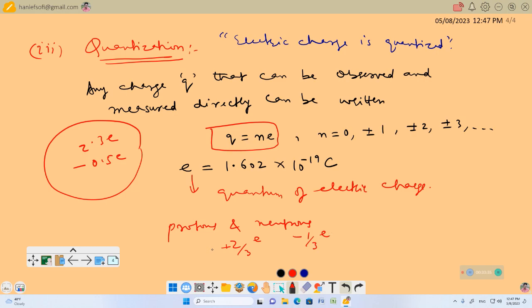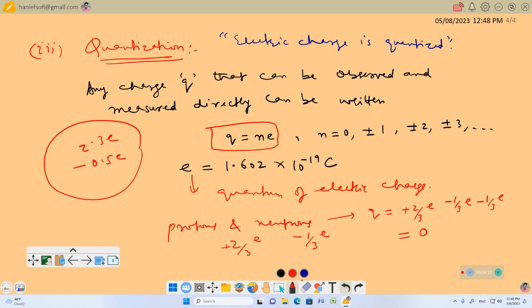So a proton is made up of three quarks, two up quarks and one down quark. And a neutron is made up of three quarks, two down quarks and one up quark. We add up the charge with additivity. For the neutron, Q is 1 up quark, plus 2 by 3e, then 2 down quarks, minus 1 by 3e minus 1 by 3e, so the total becomes 0.